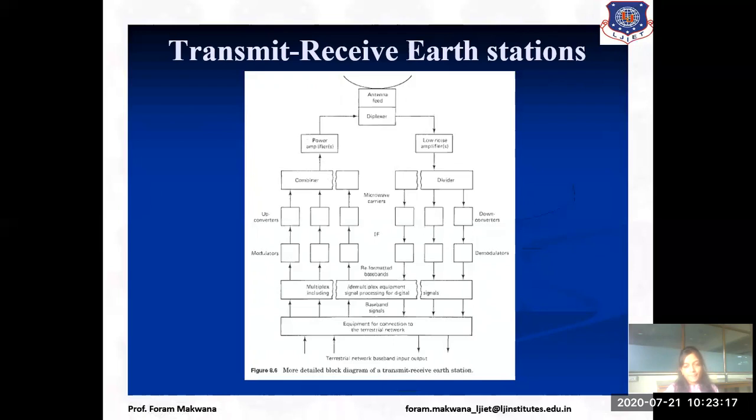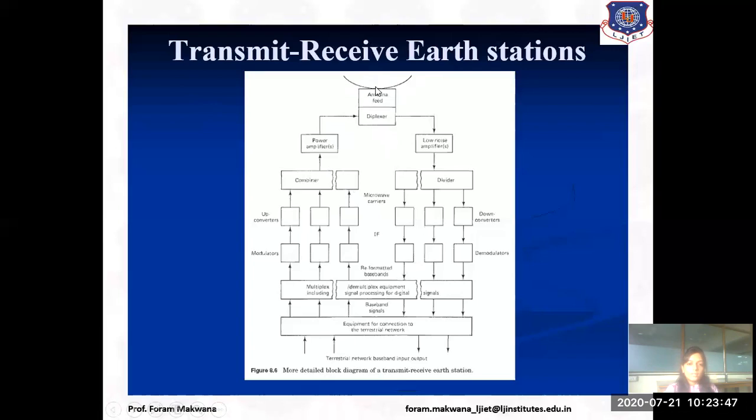Now we are going to transmit the signal with the help of the transmitter. Over here a duplexer is there. As the duplexer is connected, we are only using a single antenna. Okay. As I'm going to transmit a signal, the duplexer will connect the antenna to the transmitting portion. Right?